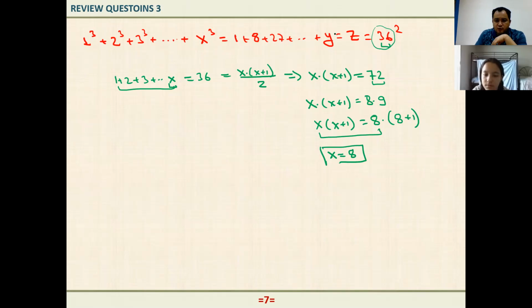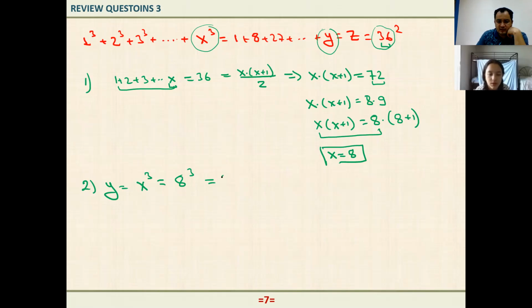If we got 8, what is y? From here, we know that this y represents this thing. So I just substitute here, number 2, y is equal to x cubed. We know x is 8. It is 8 cubed, which is equal to, what is 8 times 8 times 8? 8 times 8 times 8 is 64 times 8.